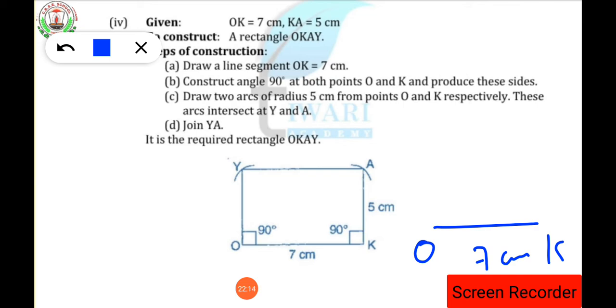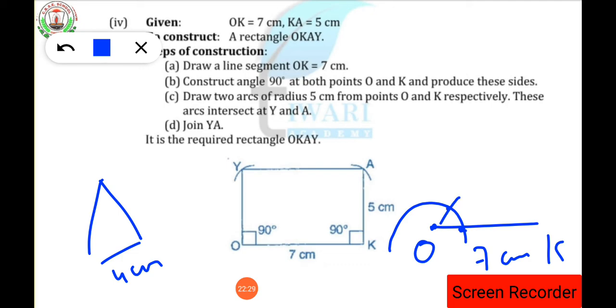Then take any radius on the mouth of your rounder. Suppose I am taking 4 centimeter, you can take 3 centimeter, 2.5 centimeter. Keep it at the point O and draw one arc. Then with the same radius, keeping the needle here, draw another arc. As you know how to draw the 90 degree, in the same way you are going to draw.